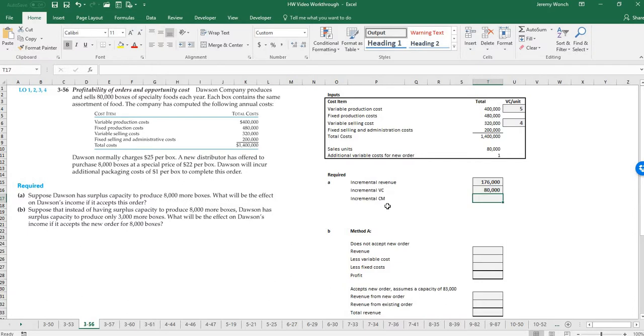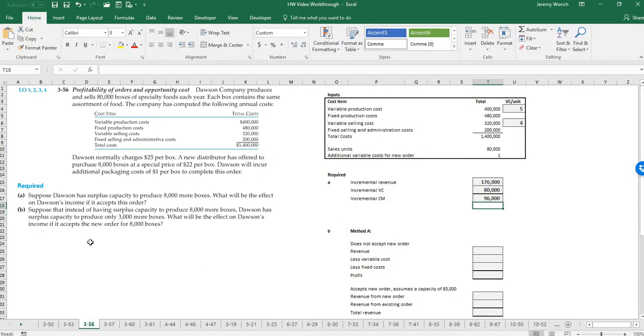So the incremental variable cost would be $80,000. That means our incremental contribution margin, we just subtract the two, would be $96,000. So if we accepted this deal, our profit would go up $96,000. In this scenario, that's a pretty good deal.